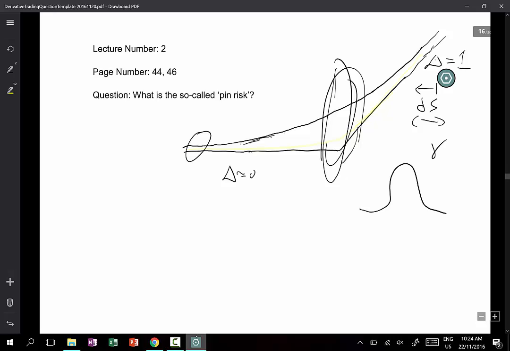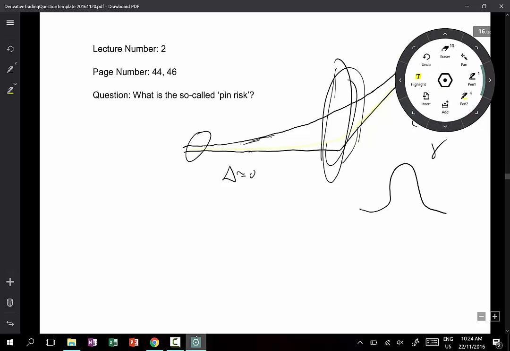If you are near the money and the option is close to expiry, then the delta around here doesn't change a lot, but round about this point, when it goes from being out of the money to being in the money, it changes very, very fast.